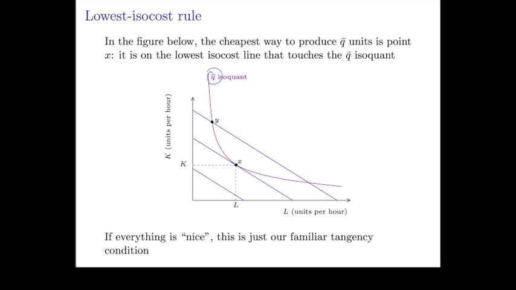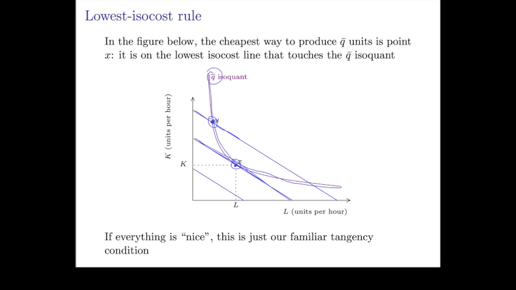Well, of course, Y is one way to produce Q bar units of output, so is X. But the bundle Y is on a higher Isocost line than X. So Y is a more expensive way to produce Q bar than X is. In fact, X is on the lowest Isocost line of all of these bundles that give you Q bar units of output.